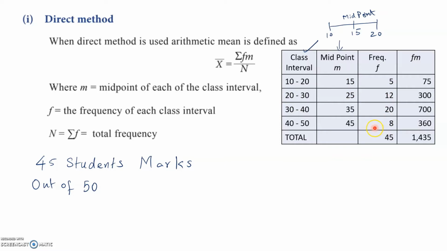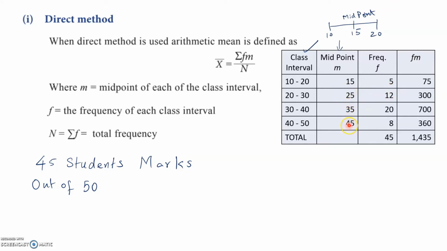So what do we do in this method? In this method, you multiply the midpoint with the frequency. Instead of multiplying the individual marks, we take the midpoint of the class interval and we multiply that with the frequency. So we are going to find the mean based on the midpoints.